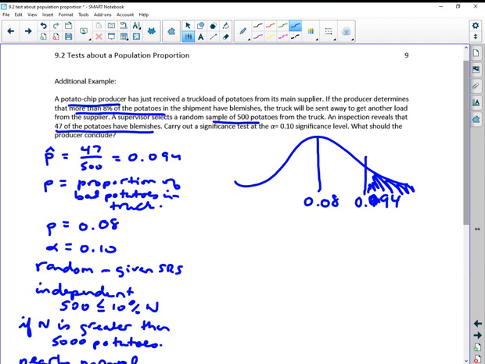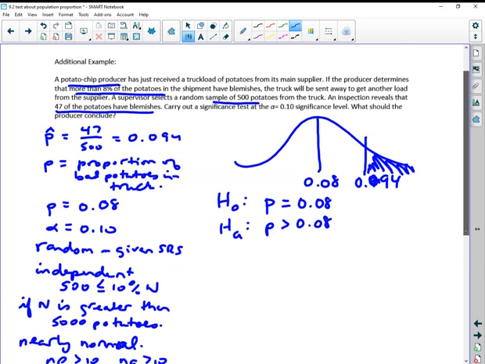Alpha equals 0.10. All right, my null hypothesis in this situation, remember, it's parameters for tests. So p equals 0.08, because the null is going to be a condition of equality. The alternative, doing a one-tailed test, is only looking for those bad potatoes, looking for that going over 0.08.